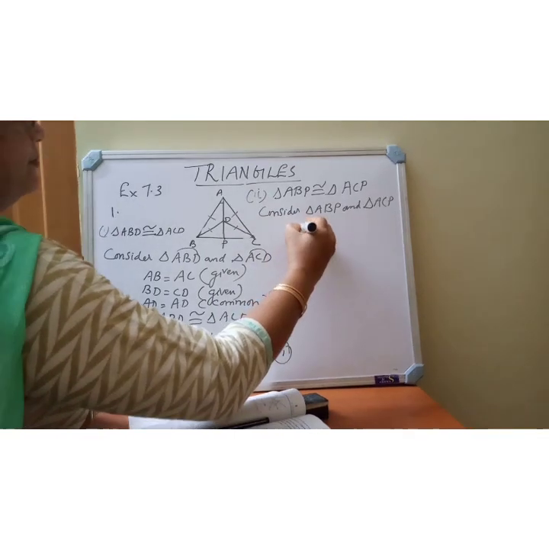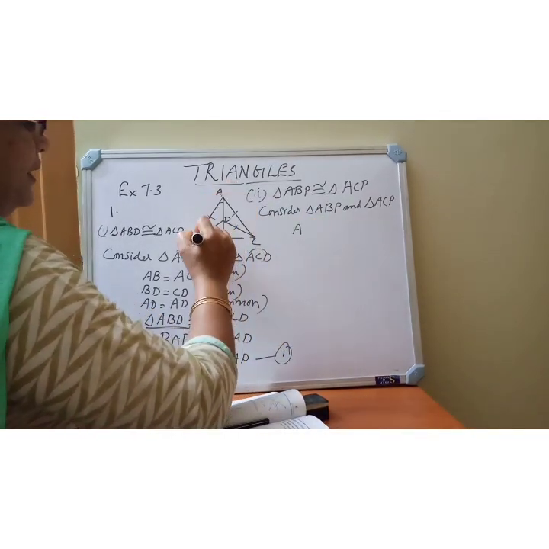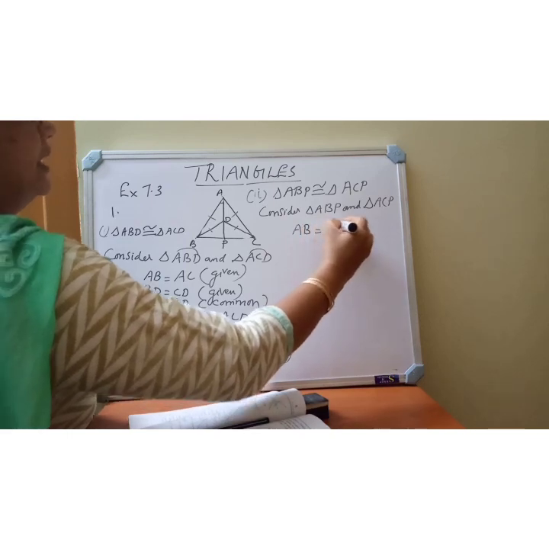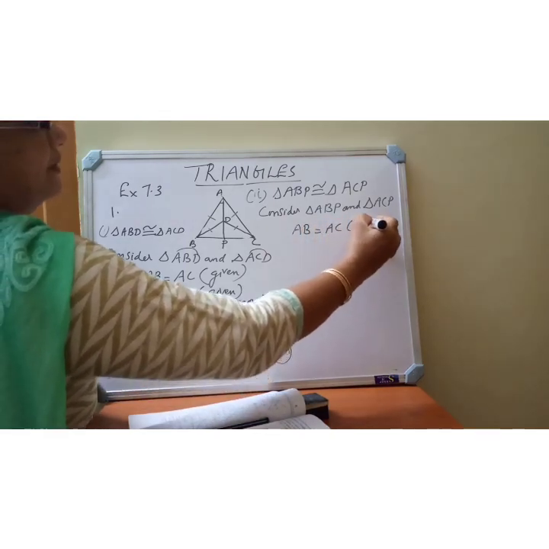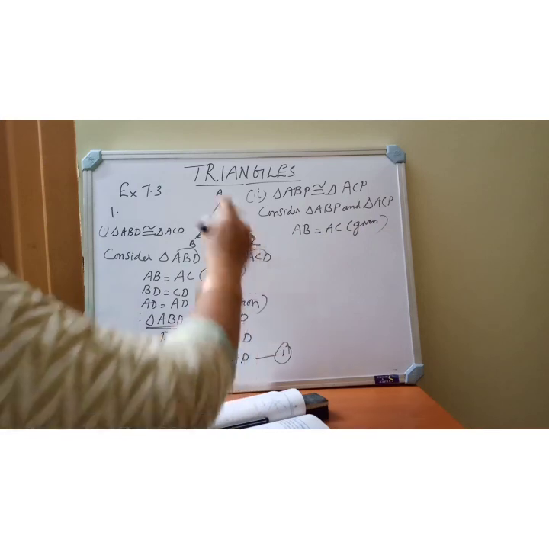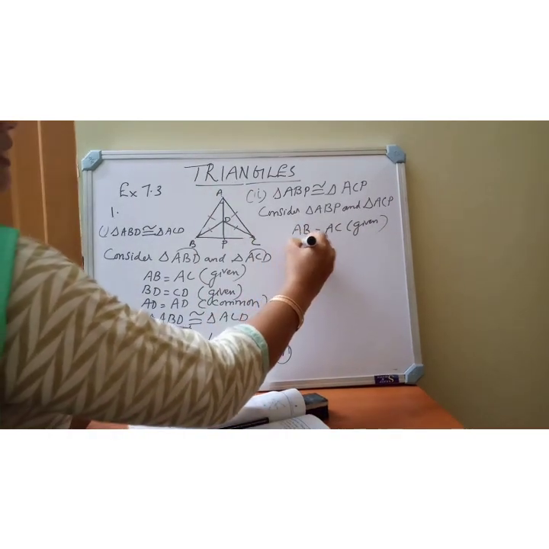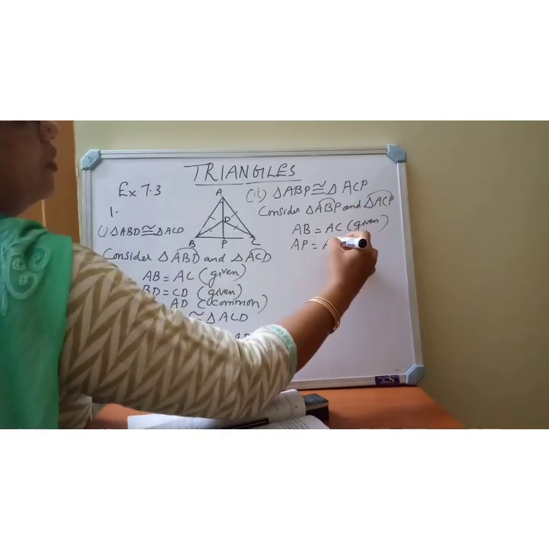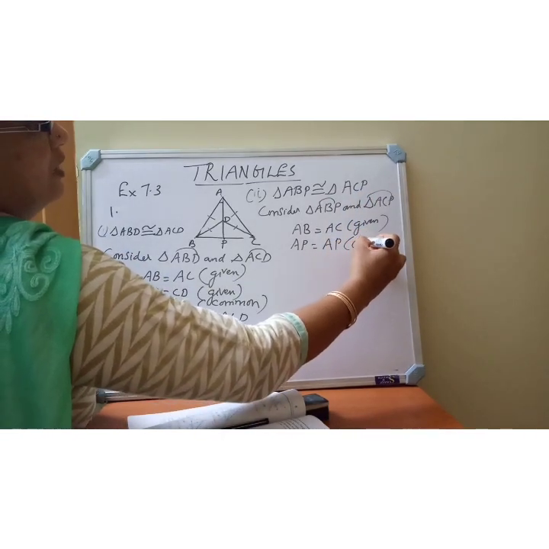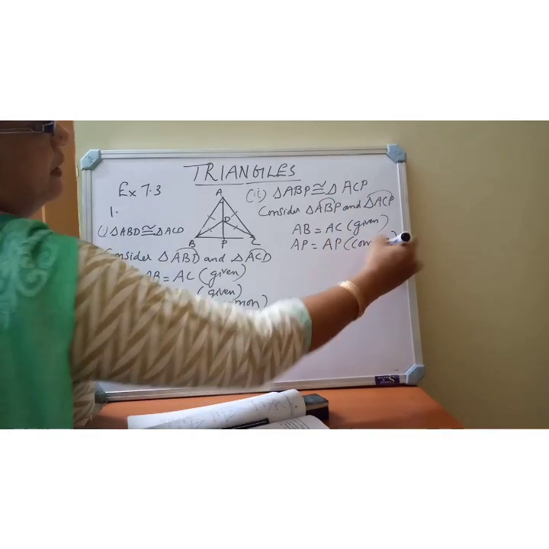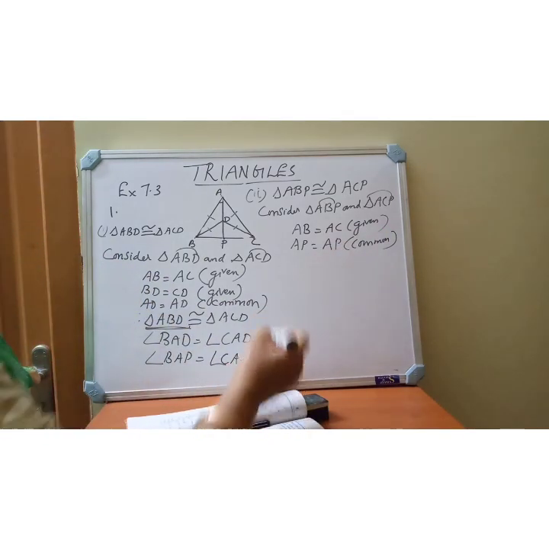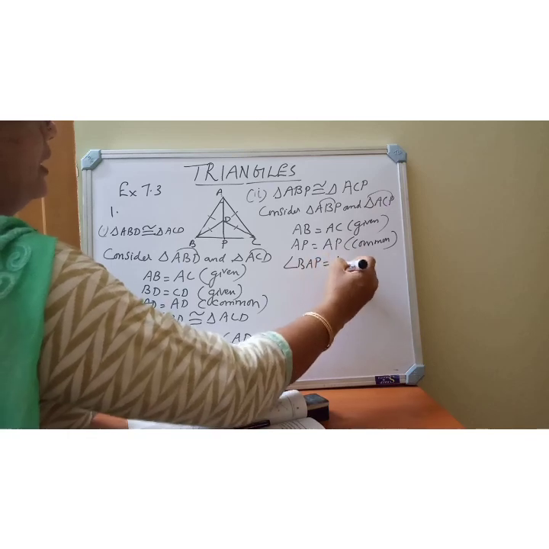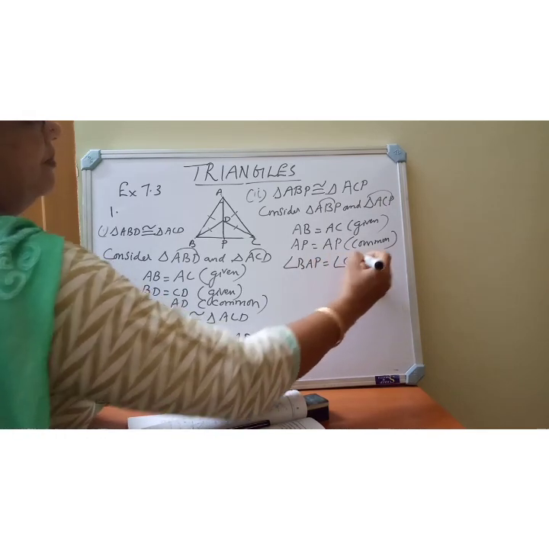AB equals AC, given. AP equals AP, common. What is the included angle here? Angle BAP. So angle BAP is equal to angle CAP.